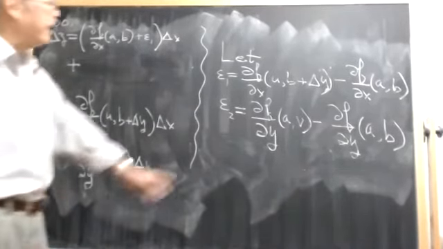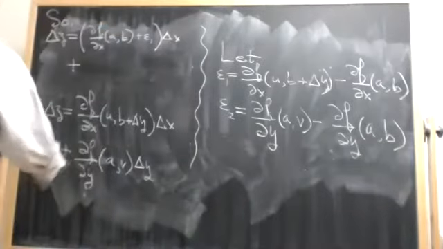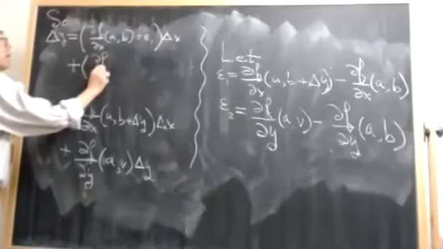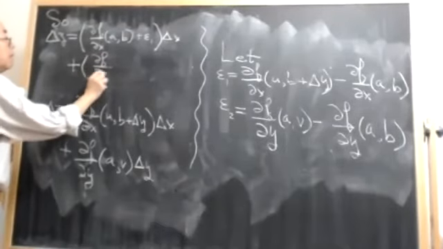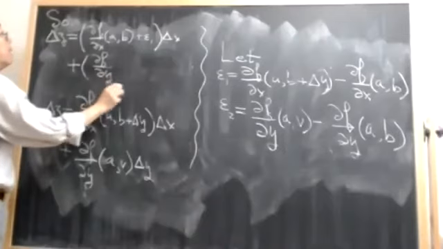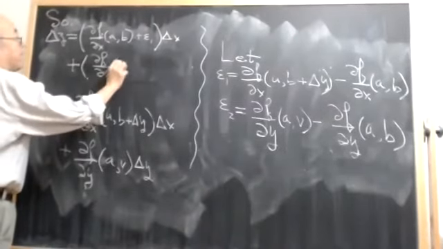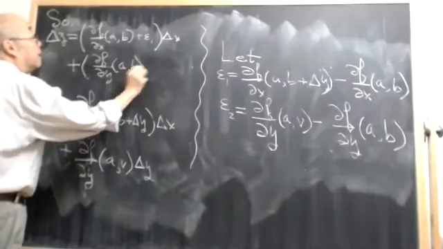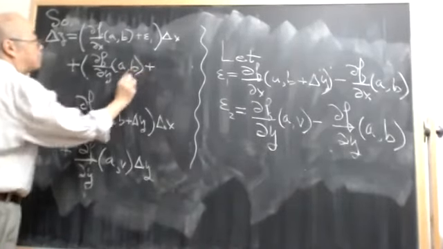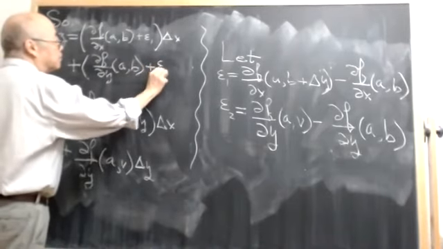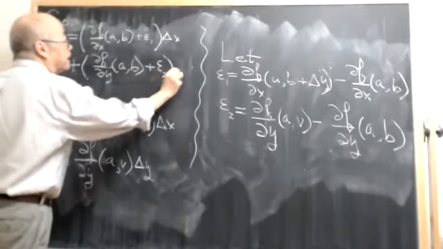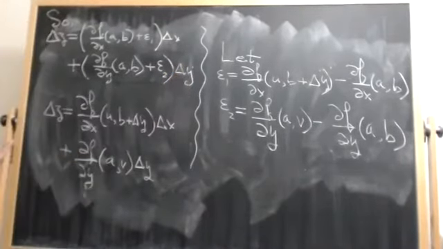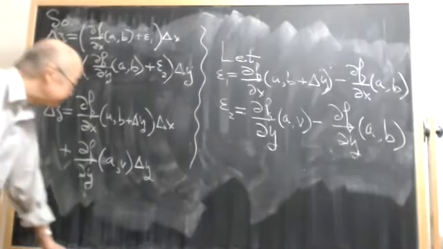Df dy at av is df dy at ab plus epsilon 2, times delta y. All right?